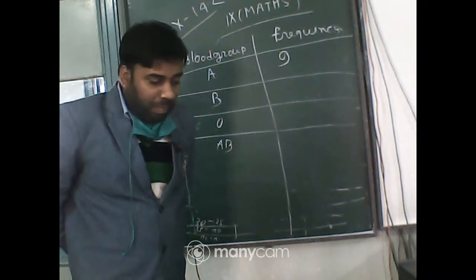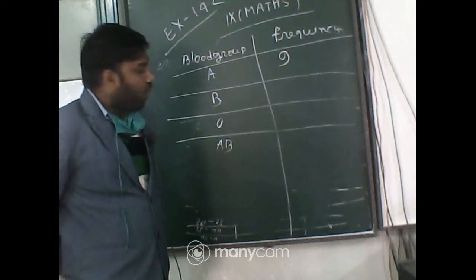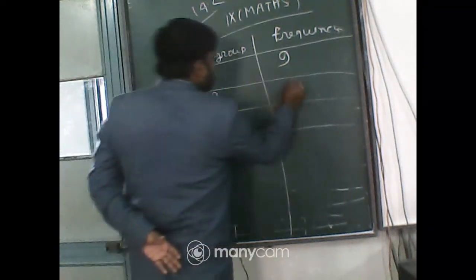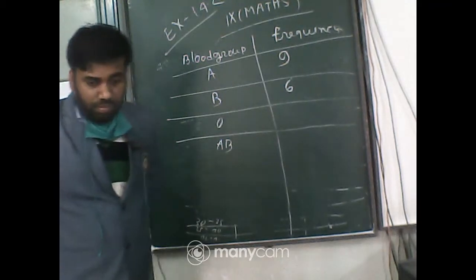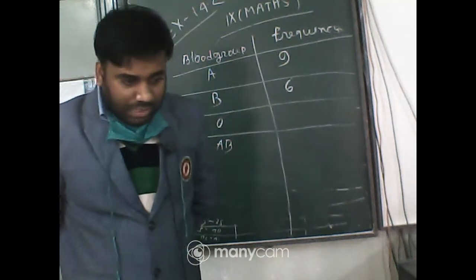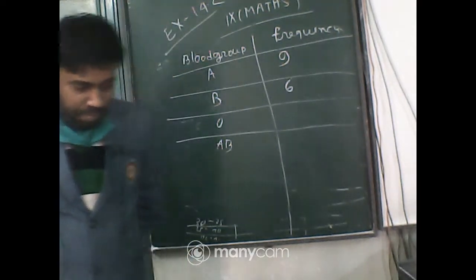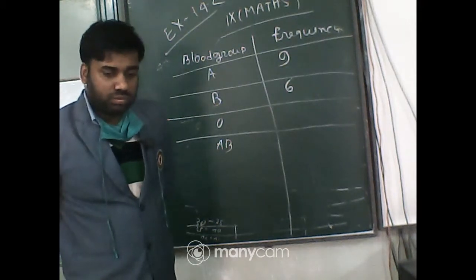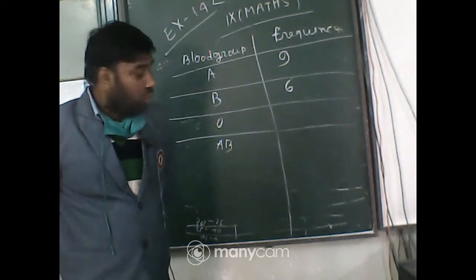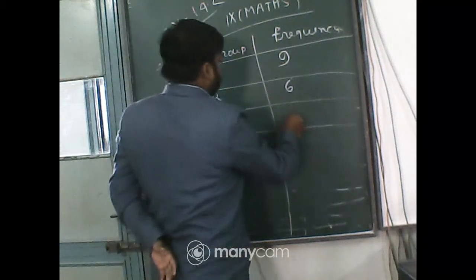And blood group B, count it quickly. Yes, for blood group B, 6 students. Next, for blood group O, quickly answer in the chat box. For blood group O, 12 students.